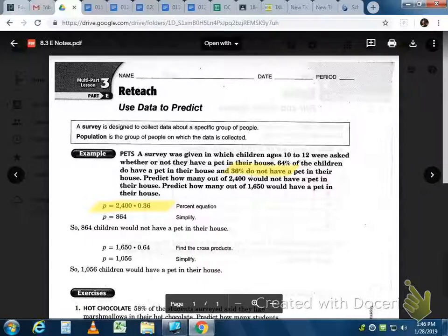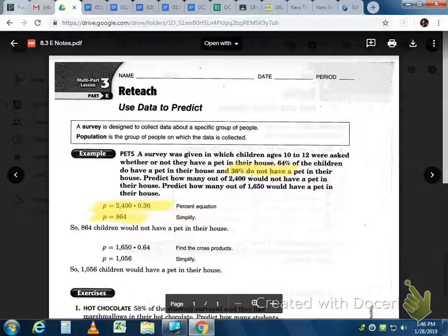To change 36% to a decimal, or any percent to a decimal, how do you change percent to a decimal? You move the decimal 2 places to the left. So 36% becomes 0.36. They're showing 864 would not have a pet.